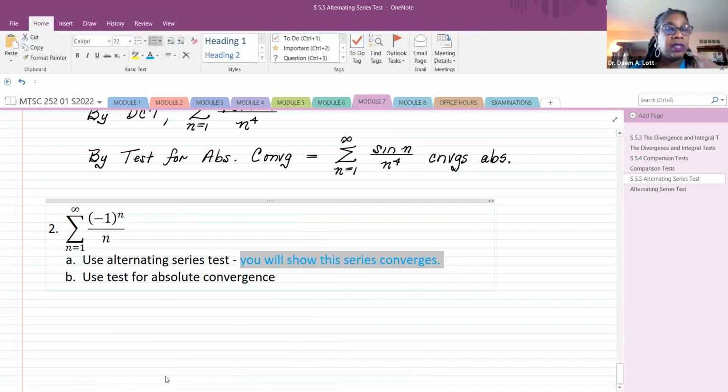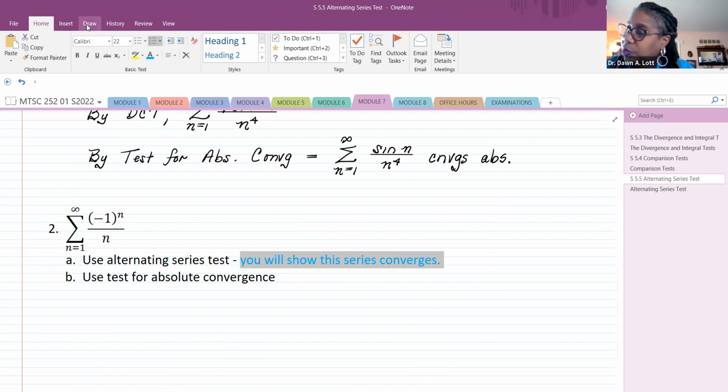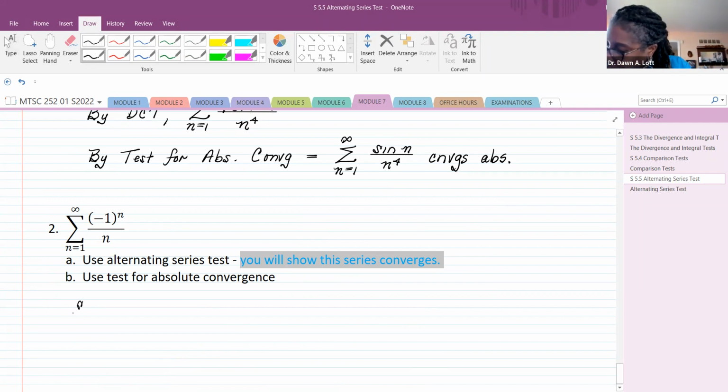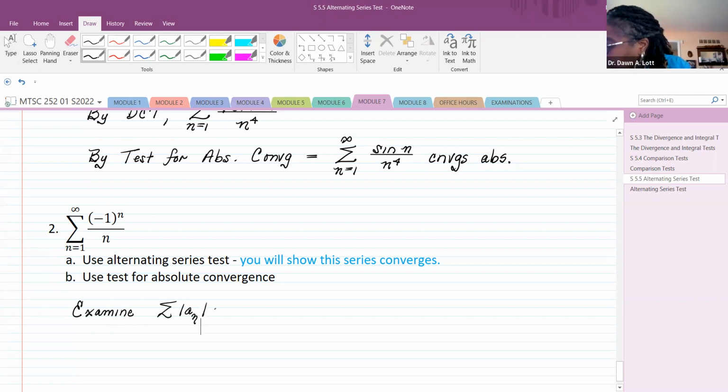Okay, so now we need to use the test for absolute convergence. So now we need to examine the summation of the absolute value of a_n, which in our case is the summation n equals 1 to infinity. When I slap absolute values on there, I get 1 over n. And what happens? What do I know about this series?